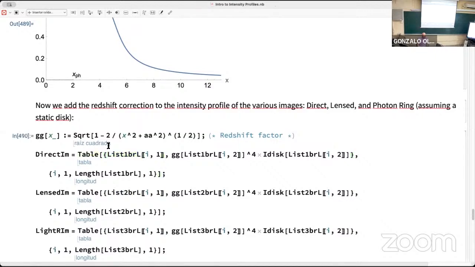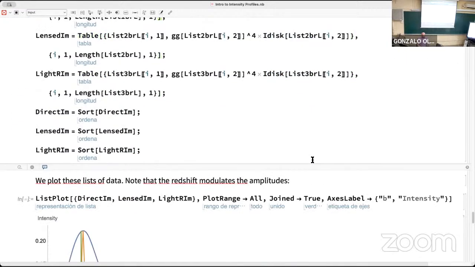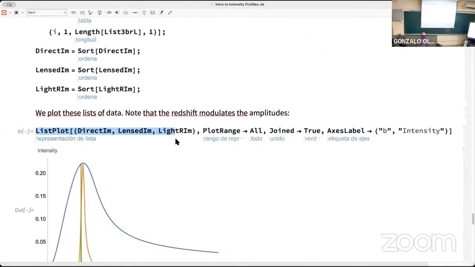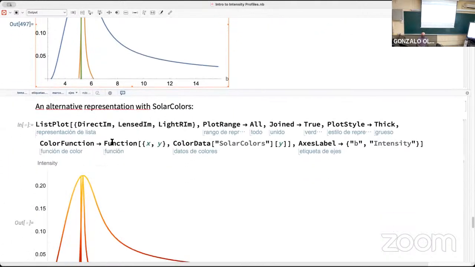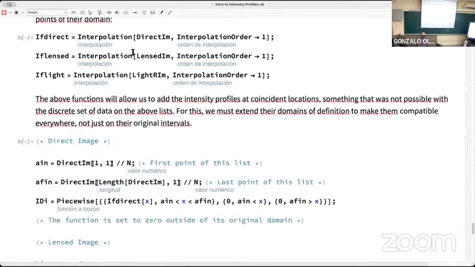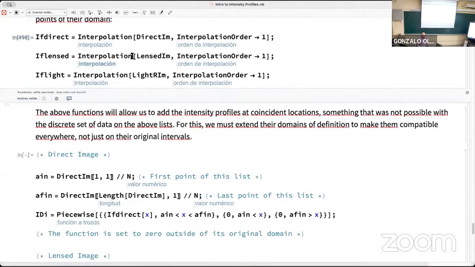Again, the same thing: the redshift factor, and then you modulate the information we have about the geometry with the intensity profile. And then we get these different intensities for the direct image, lensed image, and photon ring. So we see an overlap. We define the interpolating functions.